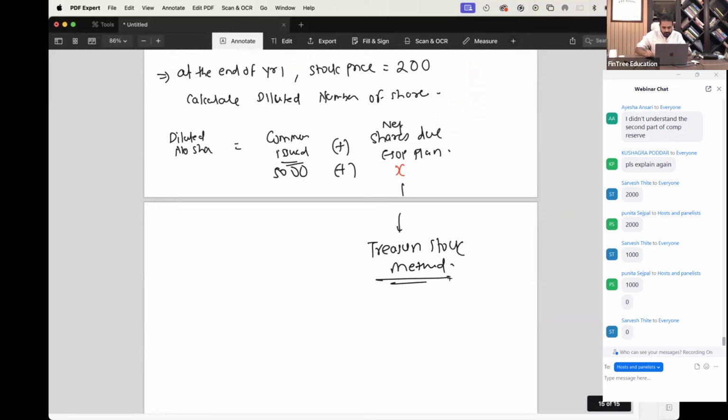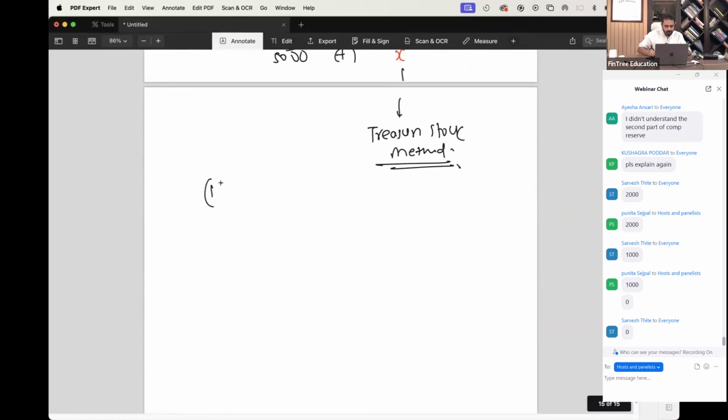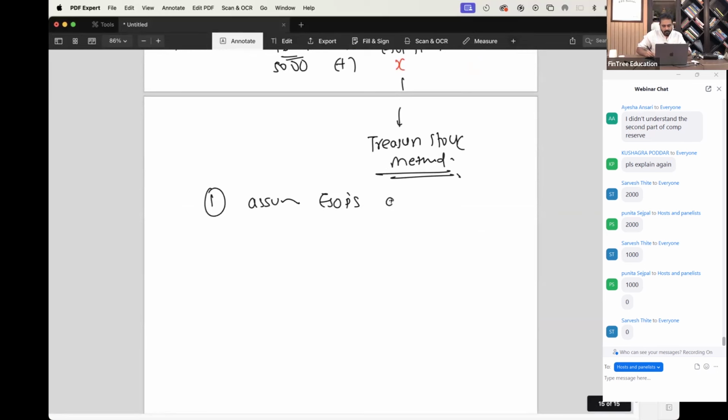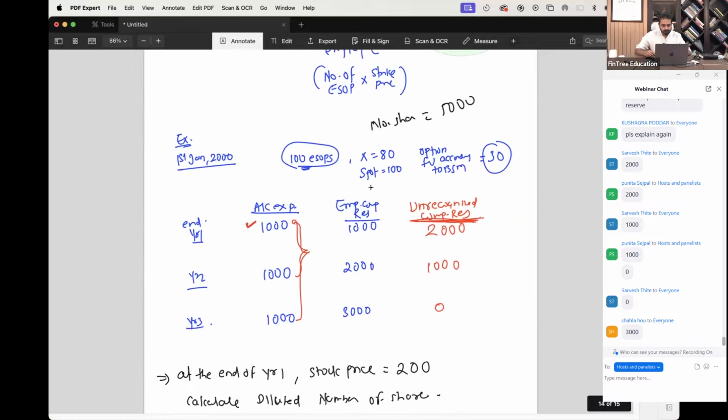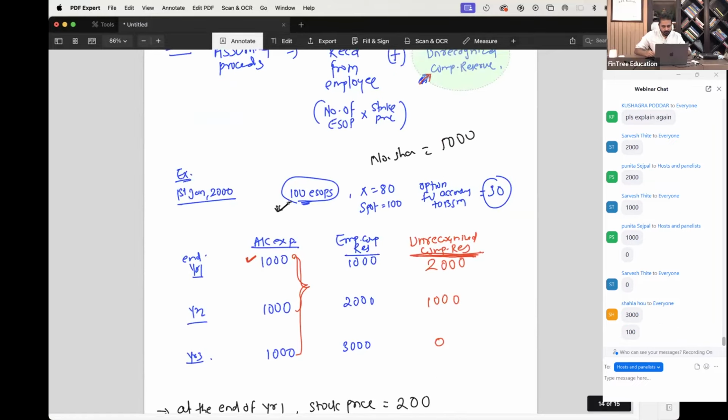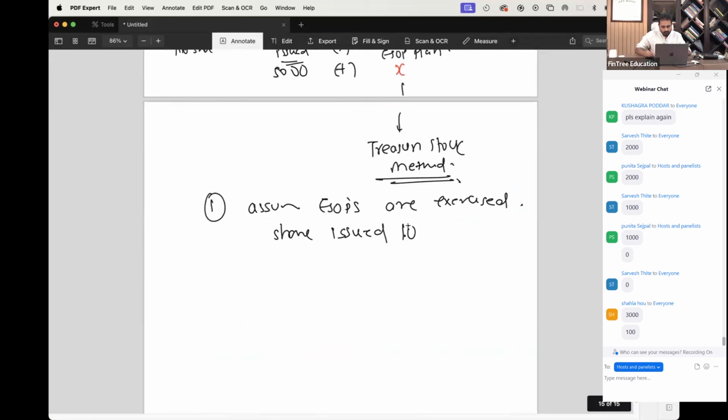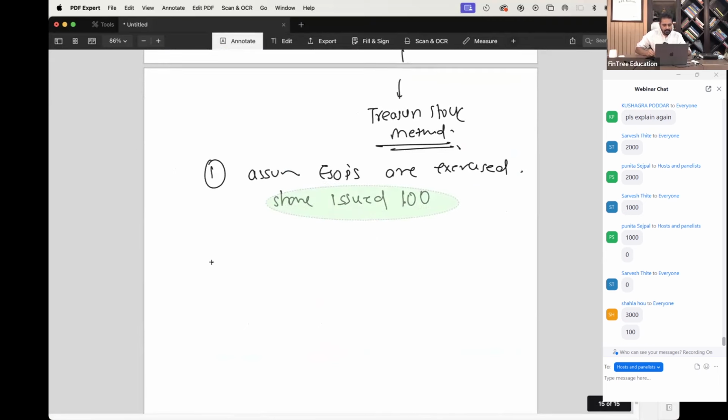Okay, are you with me? Same 3 steps. Number 1, assume ESOPs are exercised by the employee and shares are issued. How many shares did you issue? How many ESOPs? 100. So number of shares issued 100. Step 2 is my assumed proceeds.